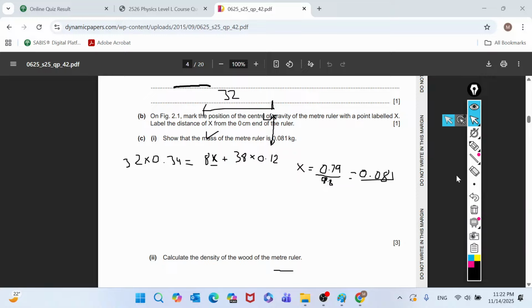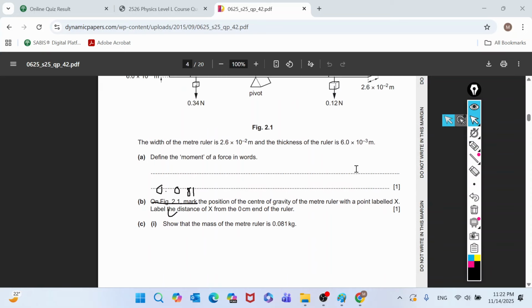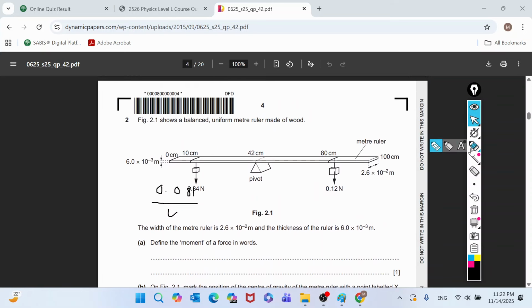Calculate the density of the ruler. So we know that the mass is 0.081. What's density? Mass over volume. What's the volume? The volume is 6.0 times 10 to the power negative 3.